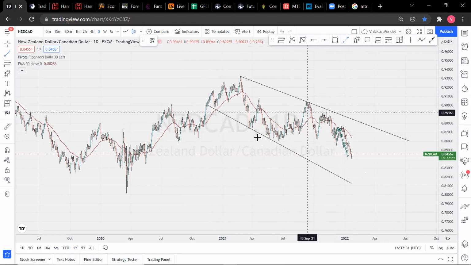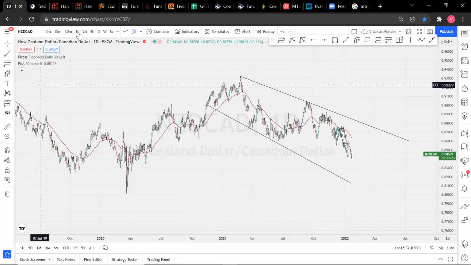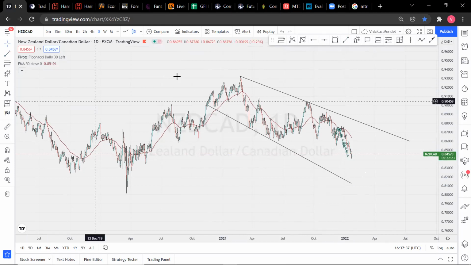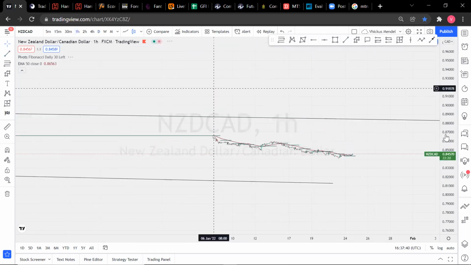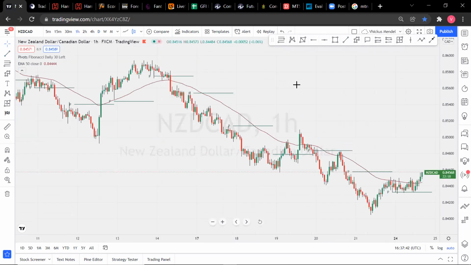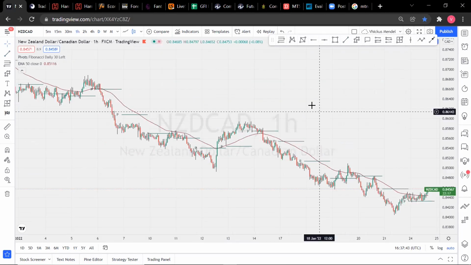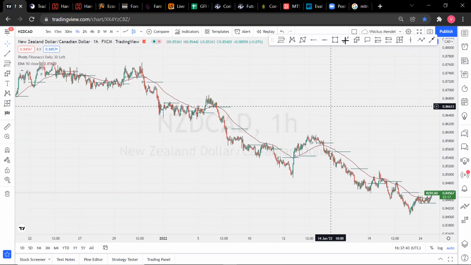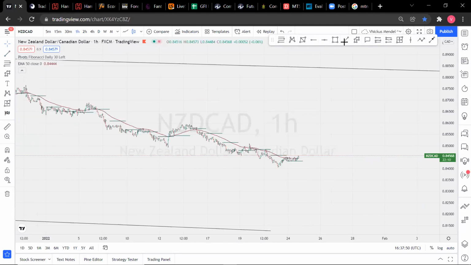This one I'm teaching is because when you come to the lower time frame to find entry, 1 hour, you'll be using a lot of the trend lines. Because inside the bigger channel, it's a bearish trend, so you can't be looking for wedges.